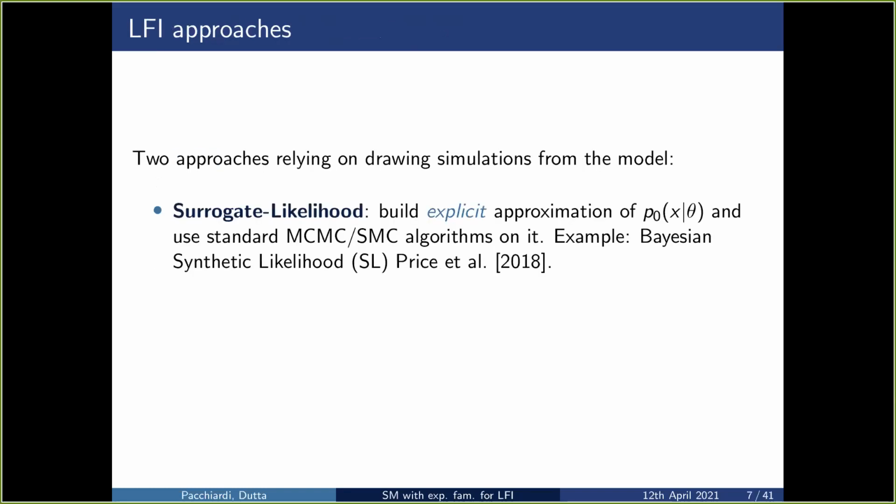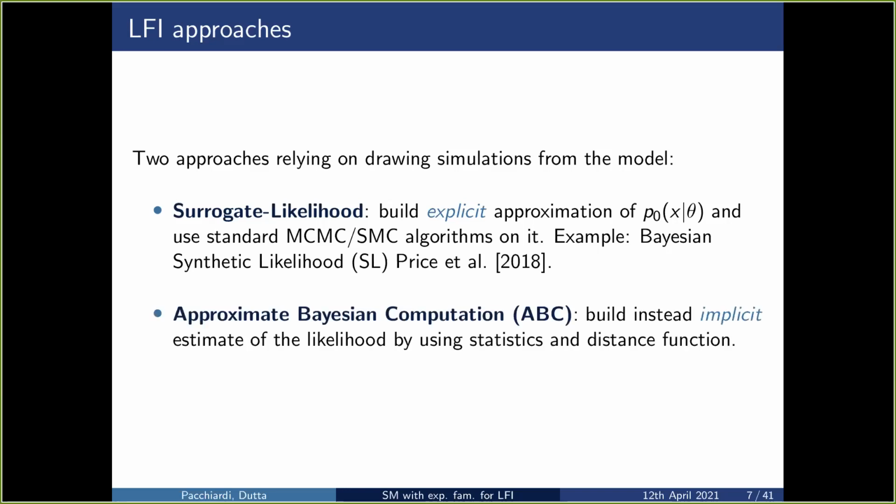The first one is surrogate likelihood type of work, which you heard in earlier talks, like the Bayesian synthetic likelihood Leah was talking about, and some of my work with Michael, the last speaker, who has done the ratio estimation, where we try to explicitly approximate the likelihood function and use that in some sort of MCMC or SMC algorithms like pseudo-marginal type of work.